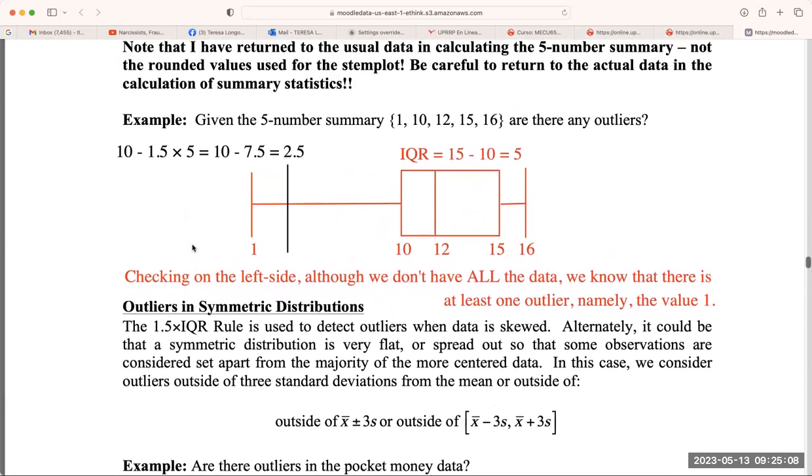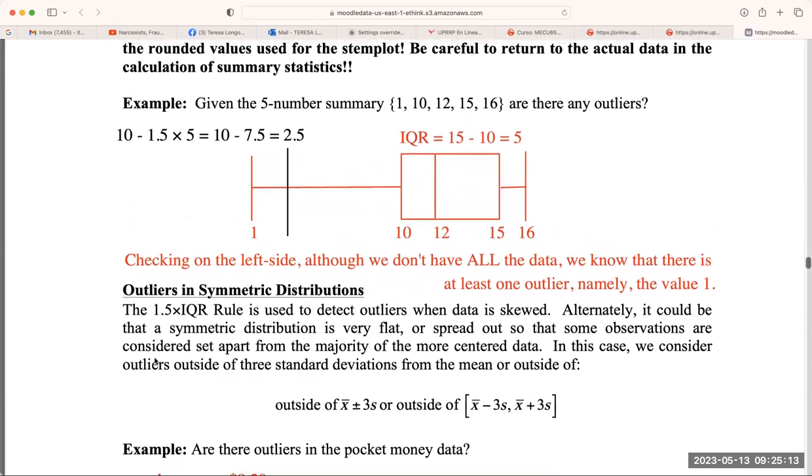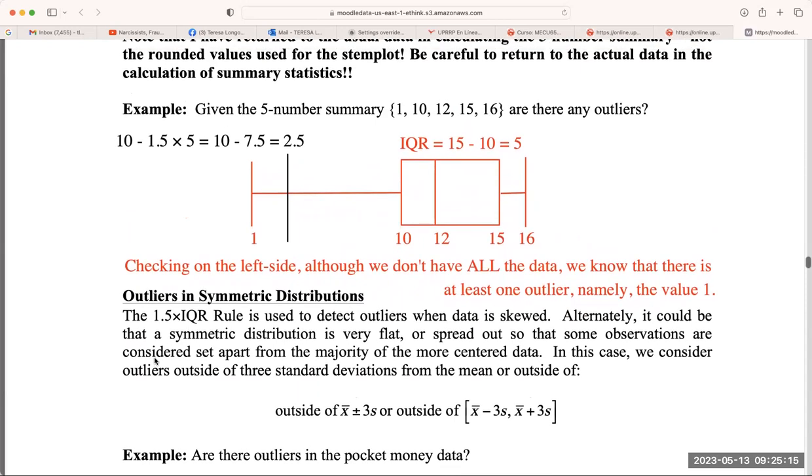Then I come to a question about symmetric distributions. How do you identify outliers for a symmetric distribution? Can I use the same rule, 1.5 times IQR?